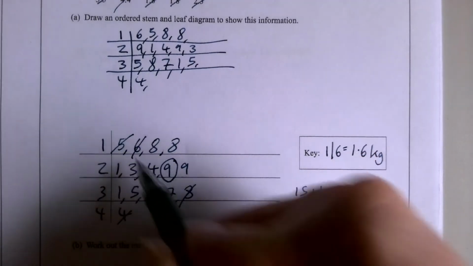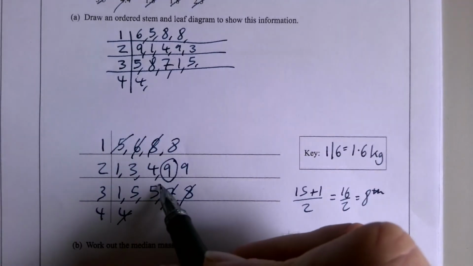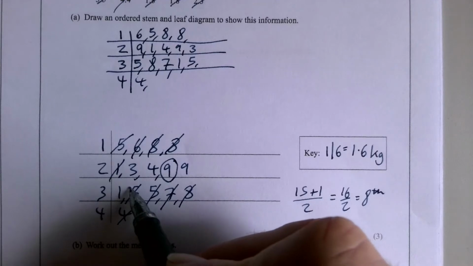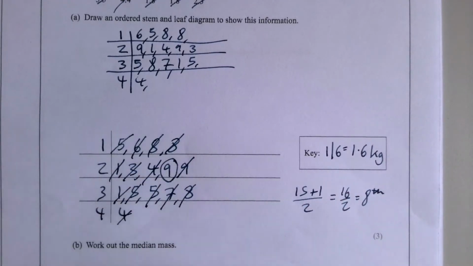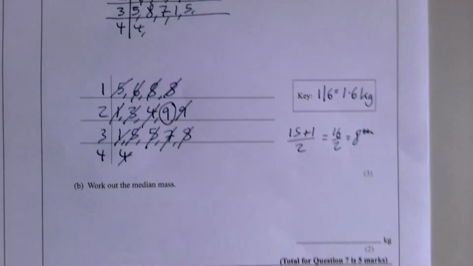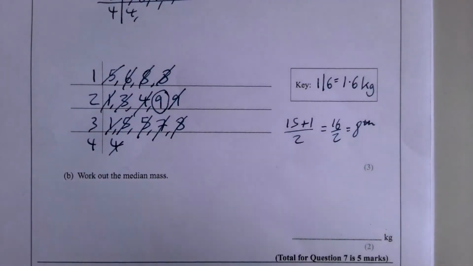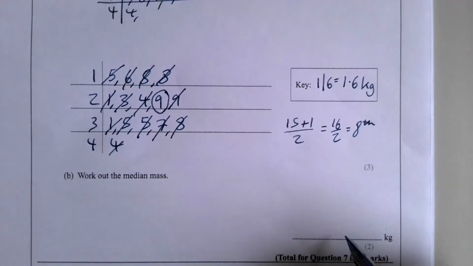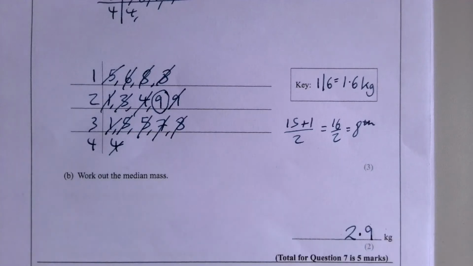So biggest, smallest, biggest, smallest, and there it is, that 9 in the middle. Now of course it's not a 9, it's actually 2.9 kilograms.